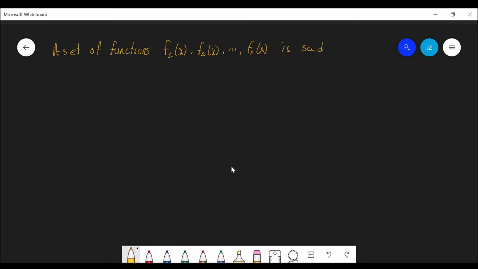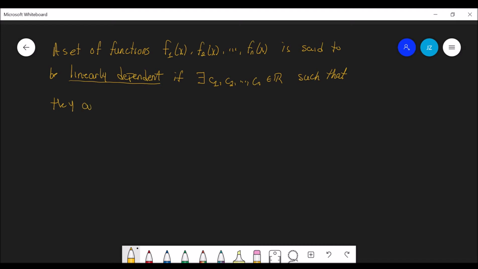Now we say that this set is linearly dependent if there exist constants c1, c2, up through cn, such that they are not all 0, and c1 times f1 of x plus c2 times f2 of x plus so on and so forth through cn times fn of x is equal to 0 for every x in the interval.